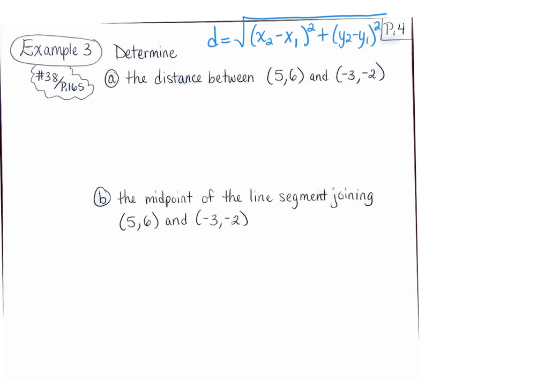Good. So we have that. The other formula you need for part B is midpoint. So you have x1 plus x2 over 2, comma, y1 plus y2 over 2. You want a minute to try it?